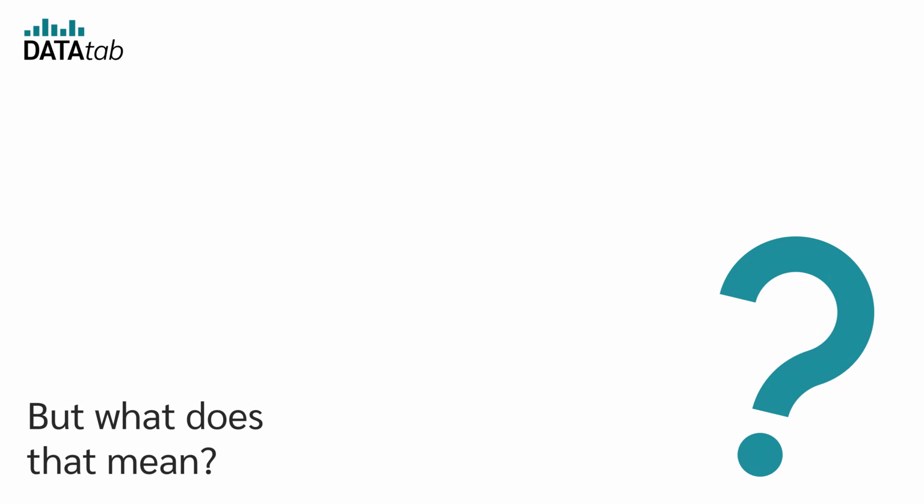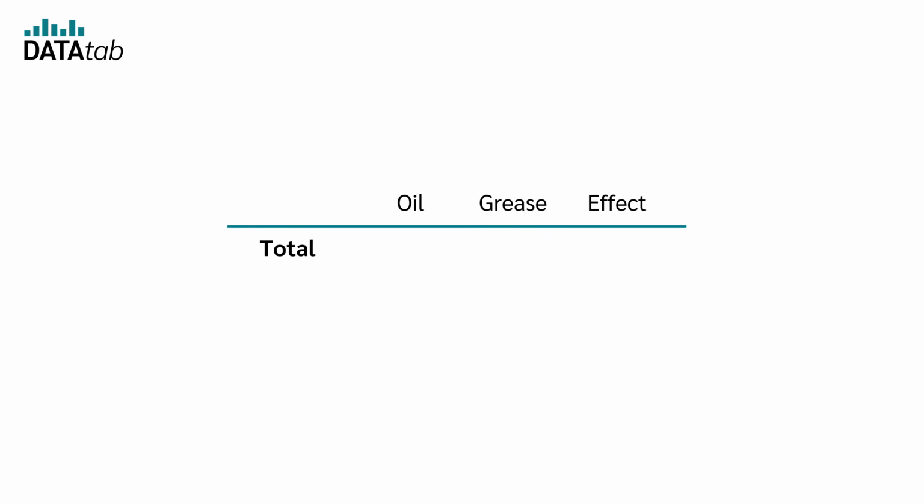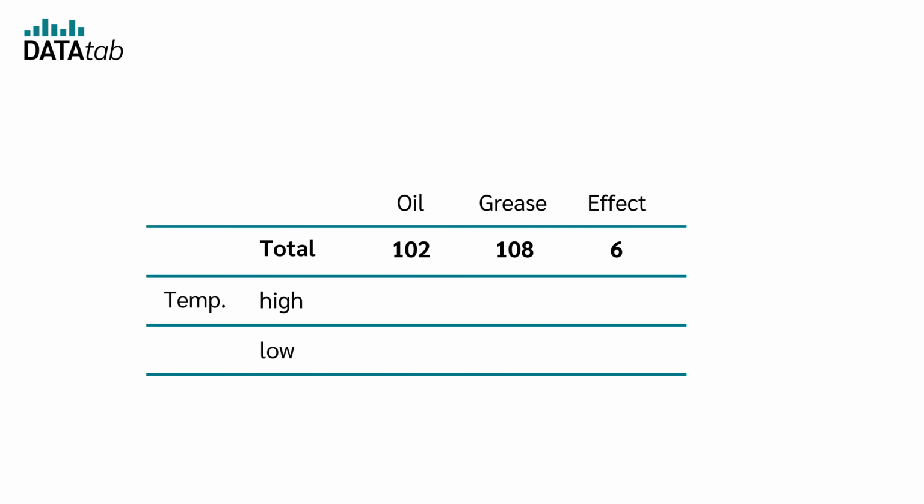But what does that mean? Let's say we have an average frictional torque value of 102 Nm for the bearings with oil and an average value of 108 Nm for the bearings with grease. Then we have a main effect of lubrication of 6 Nm. But now we can break this down into high and low temperatures. At high temperature, we could get 98 for oil and 102 for grease, so the difference between oil and grease is only 4 Nm.